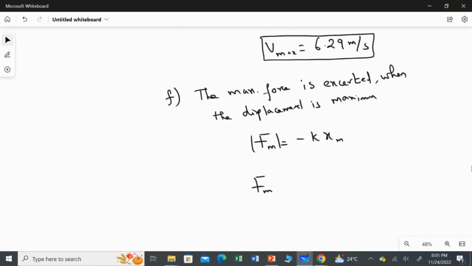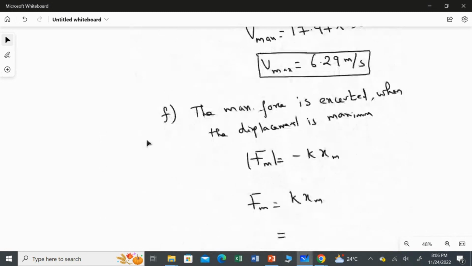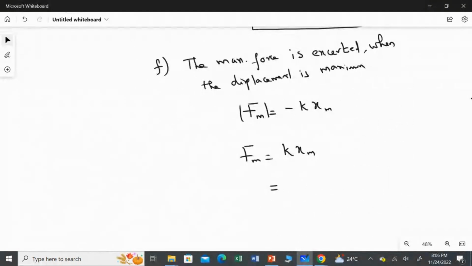Therefore, F max is equal to k times xm. The spring constant we already found in the previous part, which is 161.46, right? So I'm going to substitute the value: 161.46 multiplied by xm, the amplitude, which is 35 centimeter, so 35 multiplied by 10 to the power minus 2.